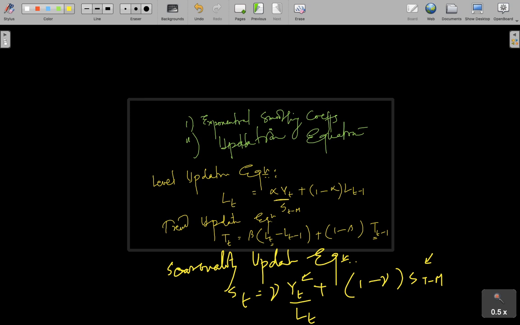That is how we use these three different equations to solve our exponential smoothing problem using Holt-Winters equations. In the next lecture, we are going to see how to actually solve Holt-Winters exponential smoothing and get those forecasting values using R.